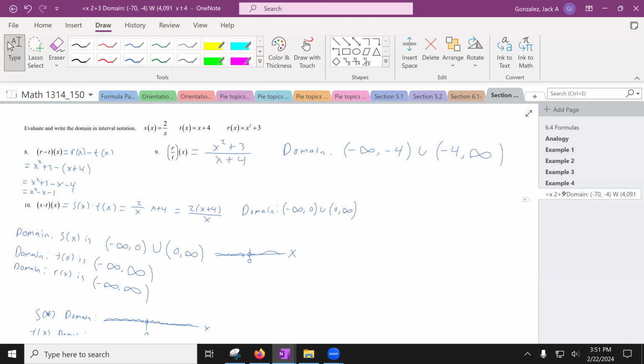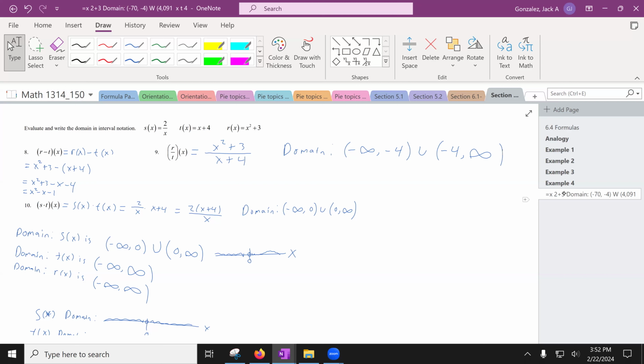Is there a number that you can square and make 3 turn into a 0? If you plug in 0, you get 3. If you plug in -3, you get 9 plus 3. No matter what, it keeps coming out positive. So there's no number you can choose that would make this part 0. So if this is on the bottom, the domain would be this.